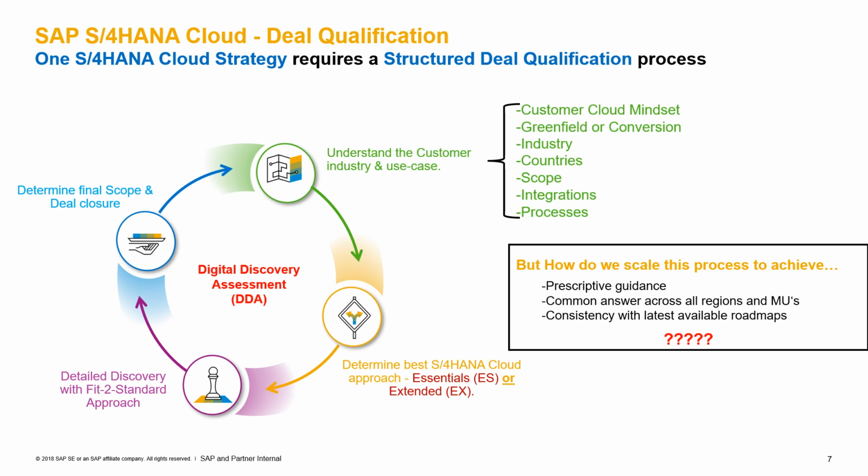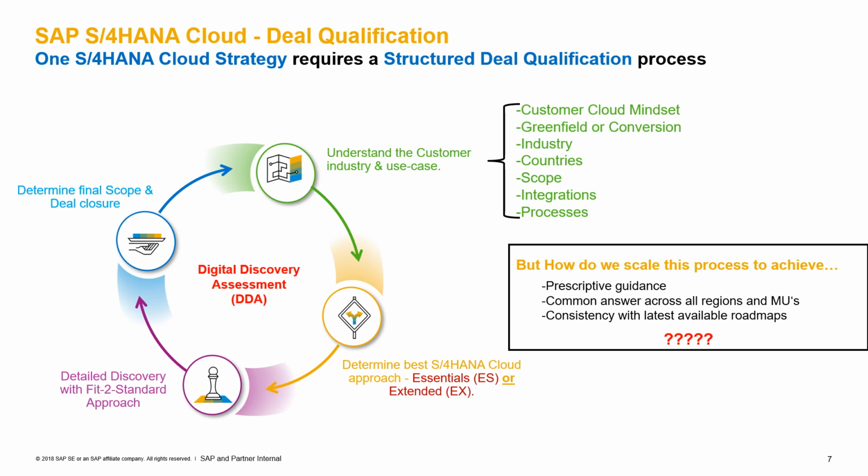For SAP S4HANA Cloud, we have a deal qualification process. So where we offer one SAP S4HANA Cloud strategy, we require a more detailed and structured deal qualification process so that we can lead you to offer the right edition of SAP S4HANA Cloud.